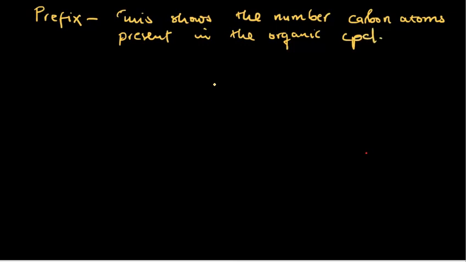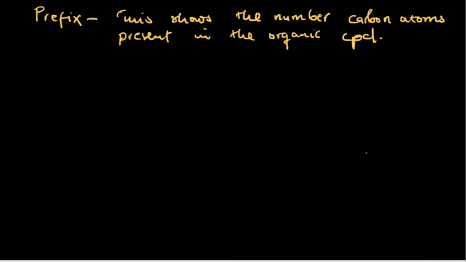This is what the prefix basically tells you. At a higher level you are going to go into detail, but as it stands, just know that this tells you how many carbon atoms we have.